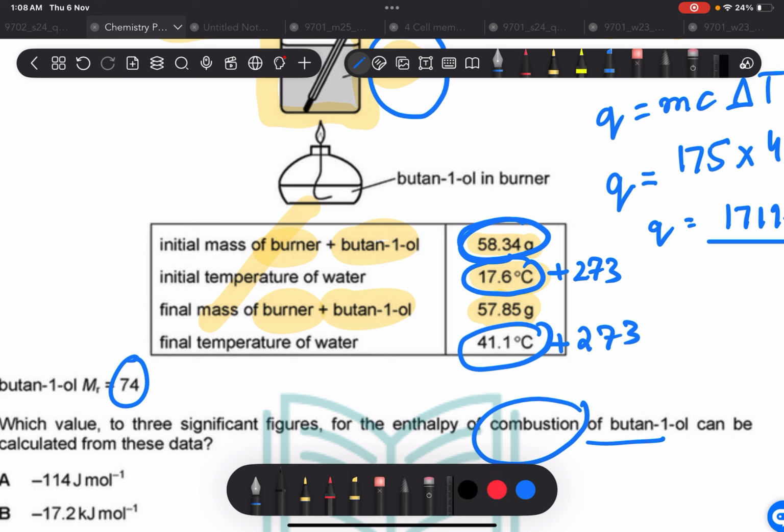So let's figure out. That's going to be 58.34 minus 57.85. So this is gonna be 0.49 grams of butanol.